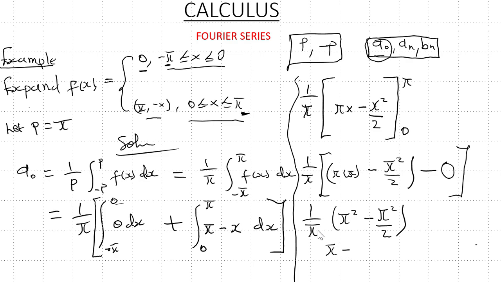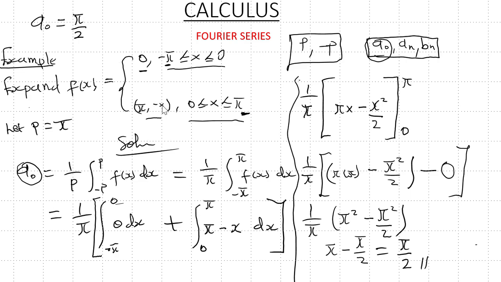And then minus this one, it cancels out one of this, so it becomes pi divided by 2. So here pi minus pi divided by 2 is obviously pi divided by 2. So this is what you're going to get for our A naught. So our A naught is actually equal to pi divided by 2.